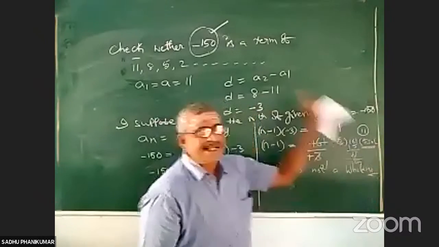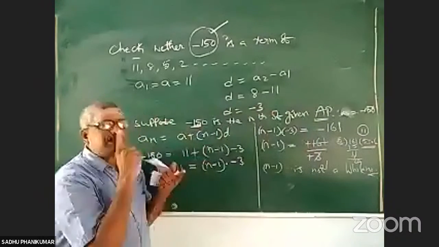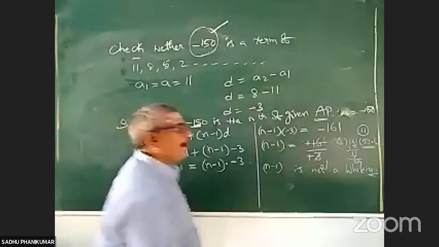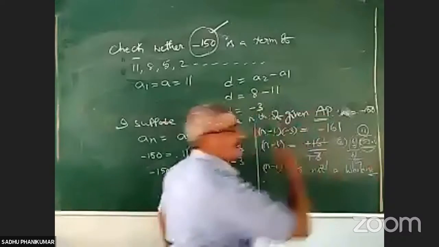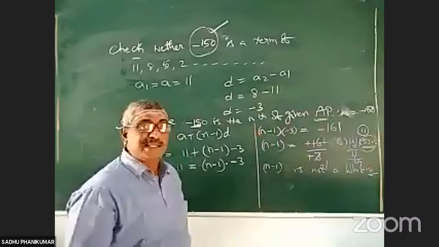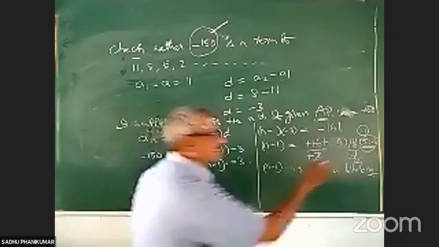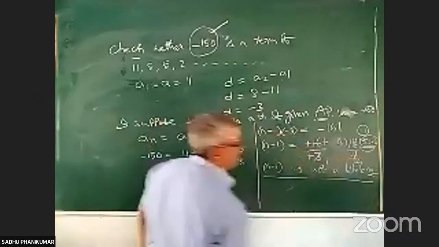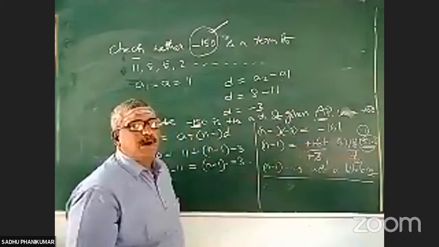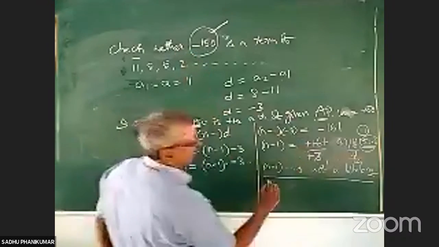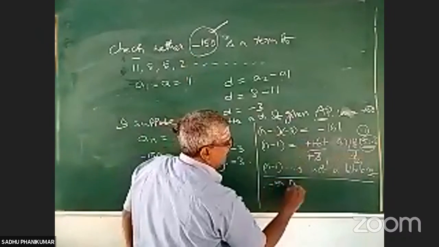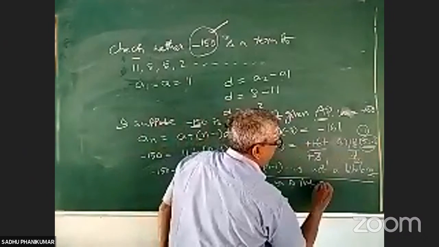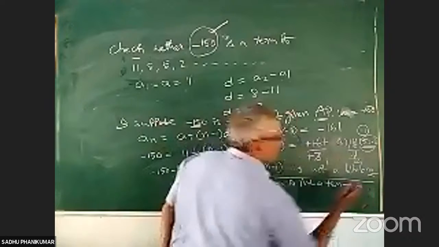But we already discussed that the number of the term may not be a decimal number. The term number, not the term we are finding, that is the term number. So n minus 1 is not a whole number. That's why we conclude minus 150 is not a term of the given AP.